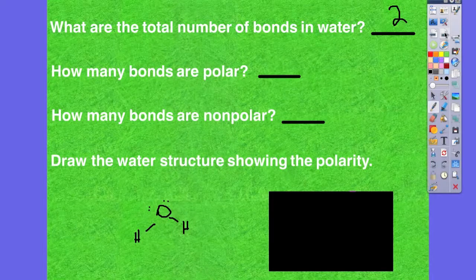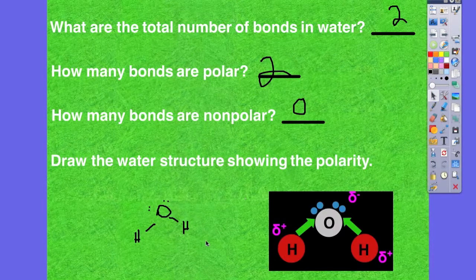So we are going to have two polar bonds. It's larger than 0.4, so two polar bonds. How many bonds are nonpolar? 0. When we're drawing the structure, remember to point the arrows towards the most electronegative element, which in this case is oxygen, and to assign the slightly negative and the slightly positive signs.